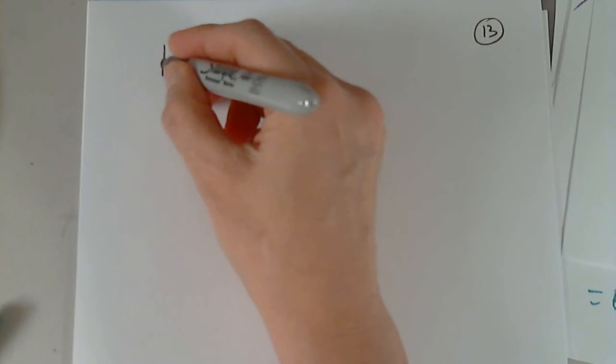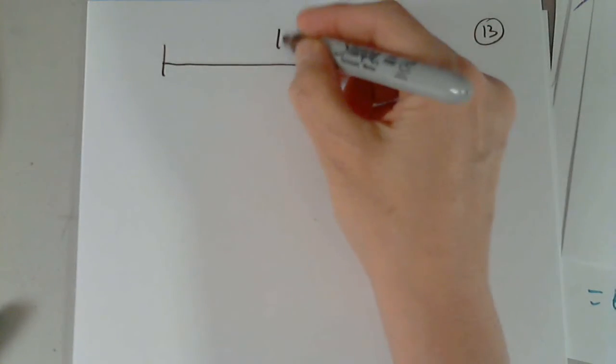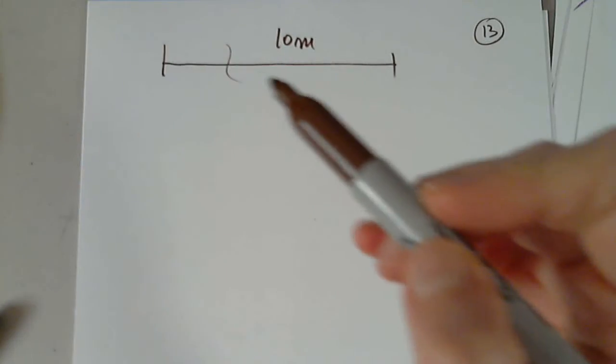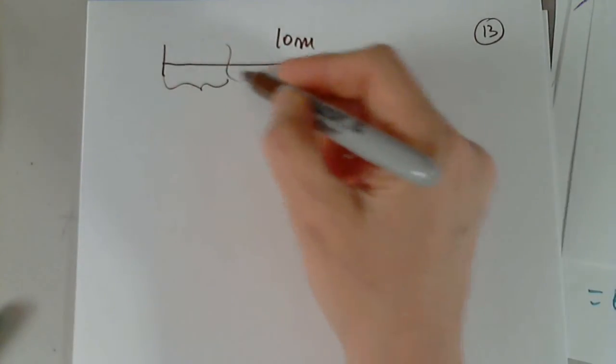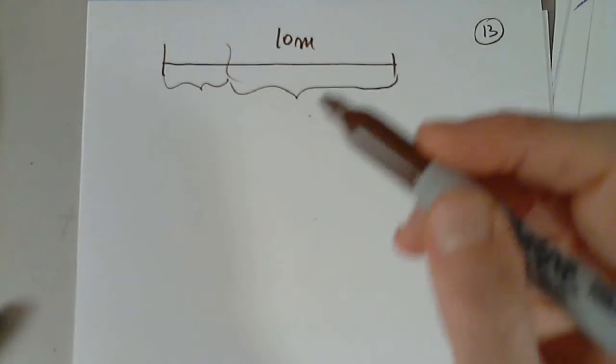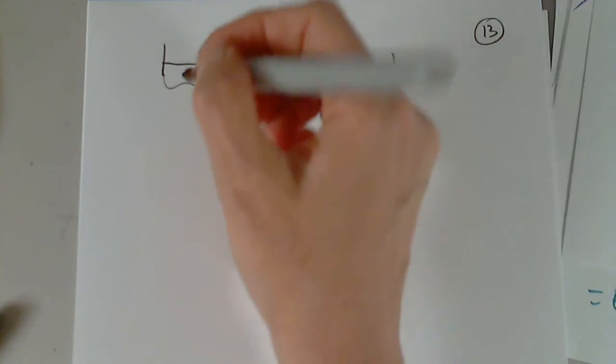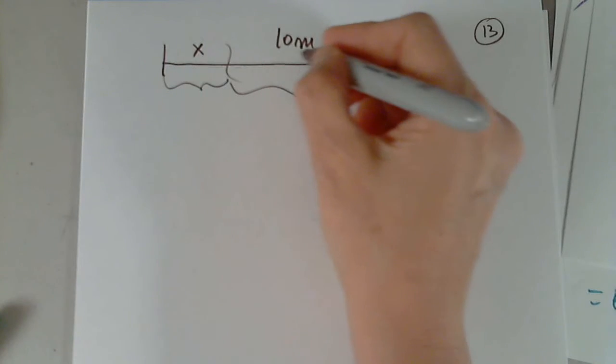So let's take a look. We have 10 meters. And they're telling us that we're going to cut this into 2 pieces. This is one, and this is the other. Let's suppose we're bending this one into a square. So this is x, and this is y.